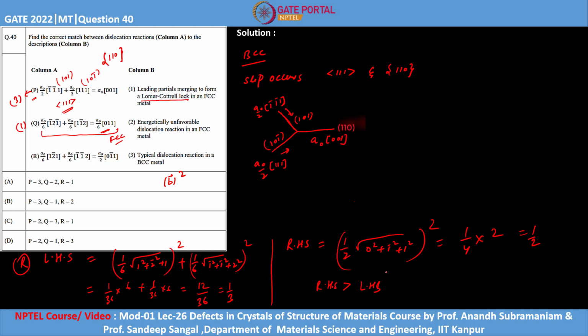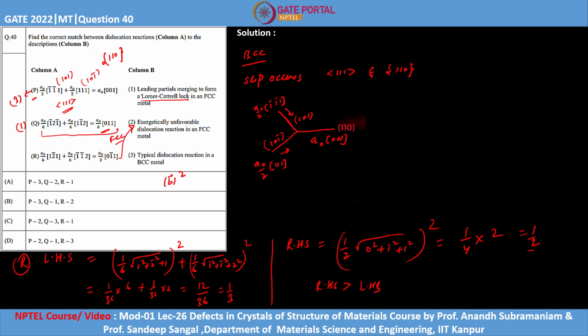By undergoing this reaction, we are increasing our energy. So from an energy point of view, this reaction is not favorable, because the energy is increasing from 1/3 to 1/2. So it is an energetically unfavorable dislocation reaction, and that too in an FCC type of material.